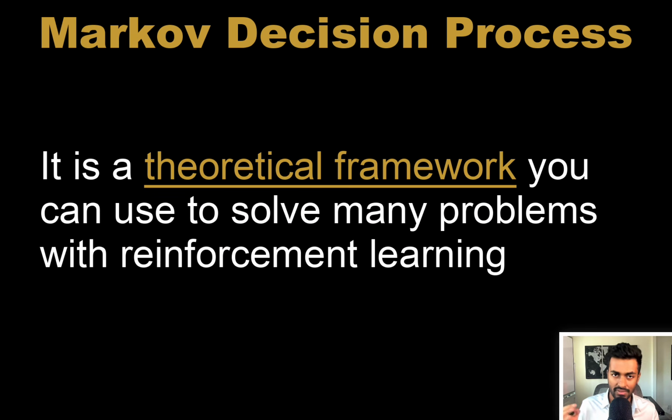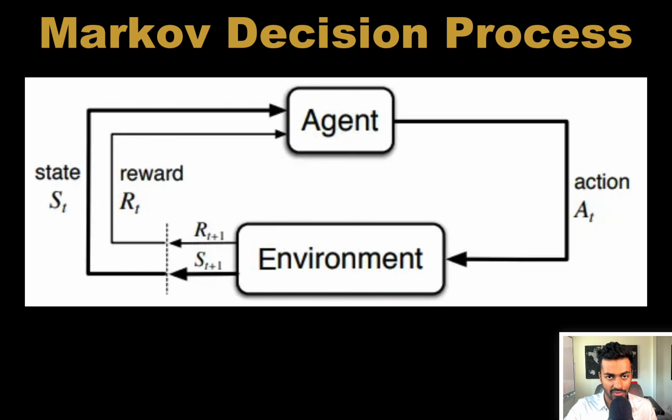Let's start with the simple definition. A Markov decision process is a theoretical framework that you can use to solve many problems with reinforcement learning. And here is a visual of that MDP. In a Markov decision process, we have two main characters, that is an agent and an environment.